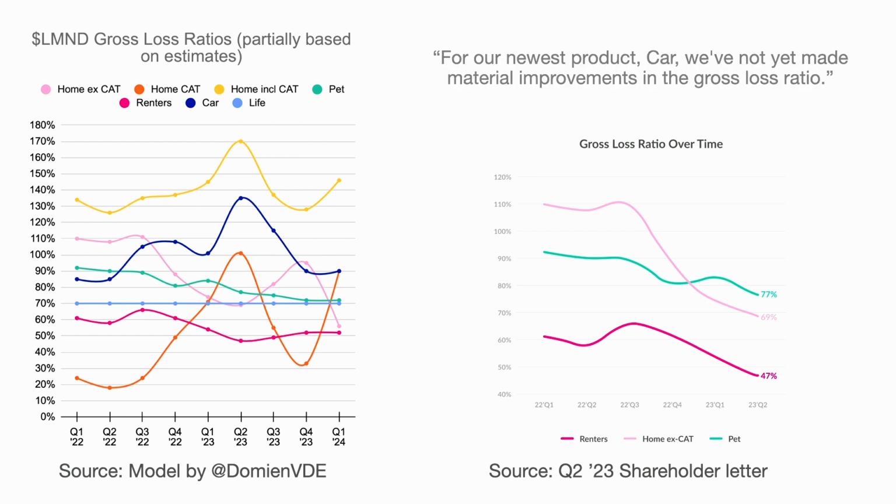Well, they said that for our newest product, car, we've not yet made material improvements in the gross loss ratio. Right? This is in the same shareholder letter, they're saying that. Yes, indeed, you haven't made material improvements in the gross loss ratio. In fact, you haven't made any improvements. The gross loss ratio has gone up from in the 80s up to in the 130s, right?